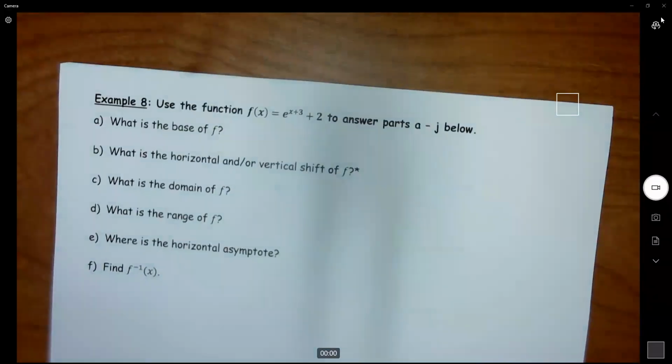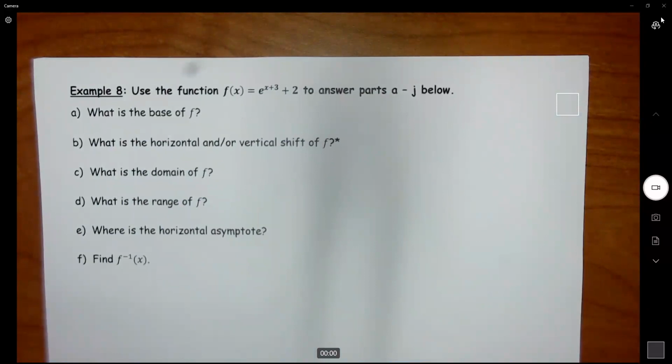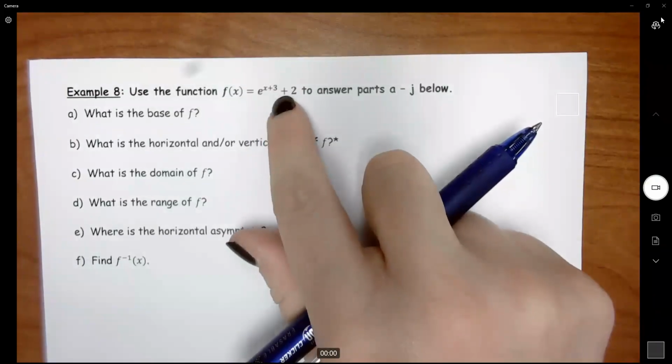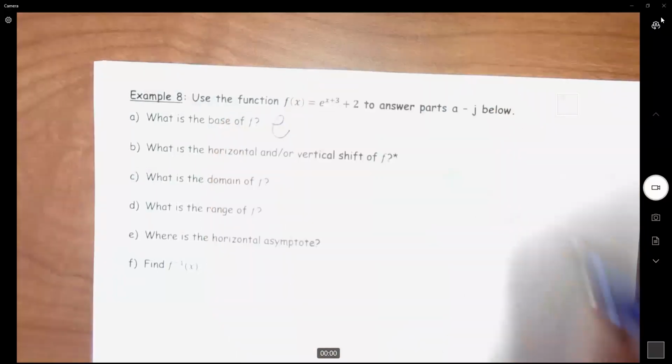Last example. For the function, answer your parts. So this time, this is the only one, and this is how your homework ends too. Everything so far has been in log form, and now we're reversing, and now this is exponential. My base is e.